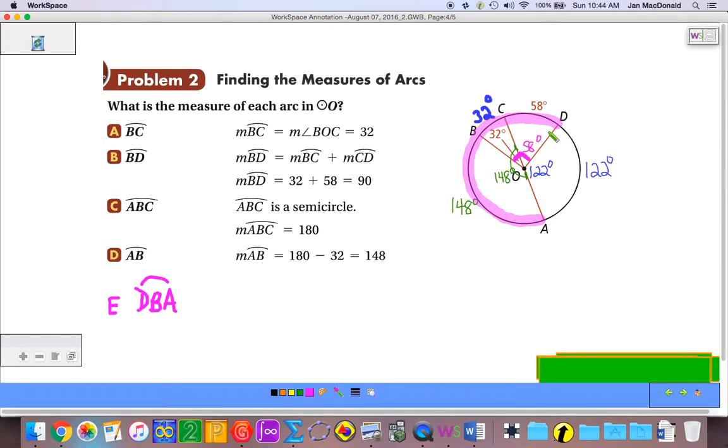Maybe the simplest way to do it in this case is we know the whole circle is 360. And major arc DBA is everything but 122 degrees.